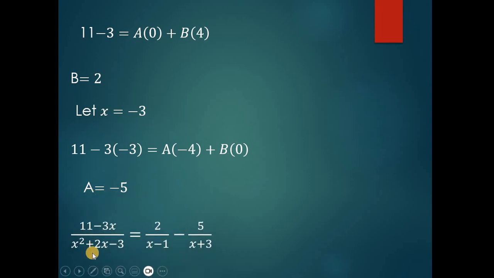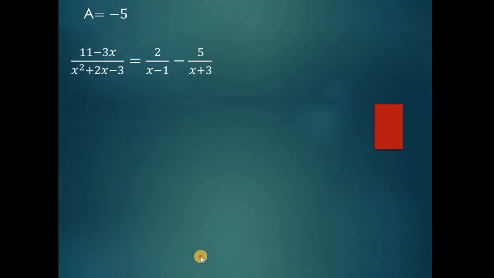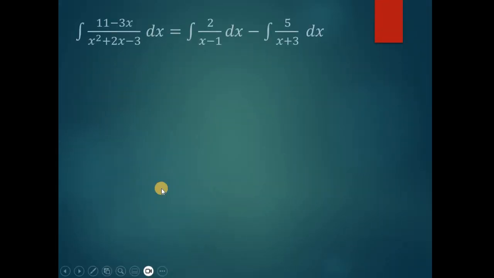So we are going to rewrite this fraction as 11 minus 3x over x squared plus 2x minus 3 is equal to 2 over x minus 1 minus 5 over x plus 3. To integrate 11 minus 3x over x squared plus 2x minus 3 with respect to x is the same as integrating these partial fractions separately.